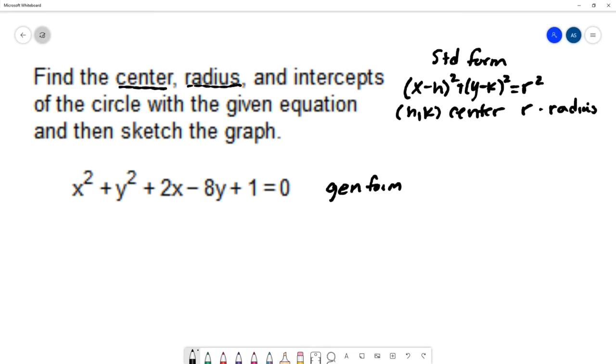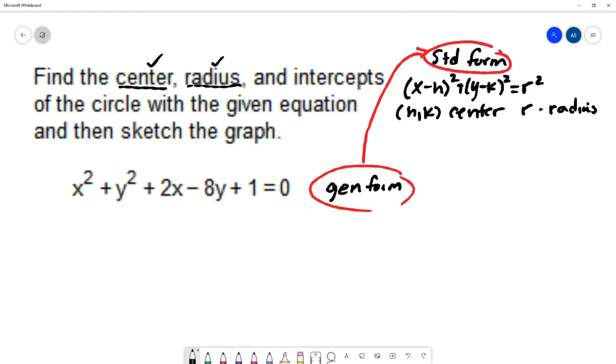So if the equation was written in standard form, we would easily be able to answer these first two parts of the question. So we're going to use something called completing the square to rewrite the equation from general form and turn it into standard form.